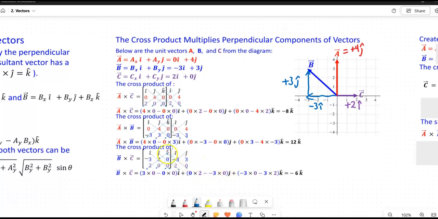And for the k portion, we're going to have negative 3 times 0 minus 2 times 3, which will be negative 6. So it works. We can not only figure out the size of that vector and its direction as being i, j, or k, but we could actually figure out whether it's positive or negative.